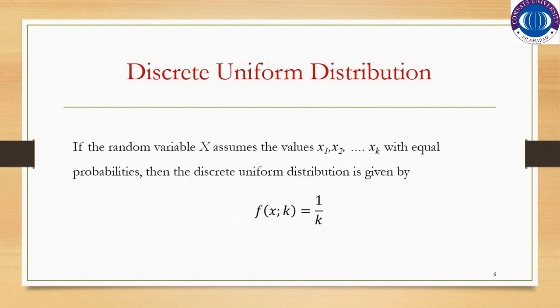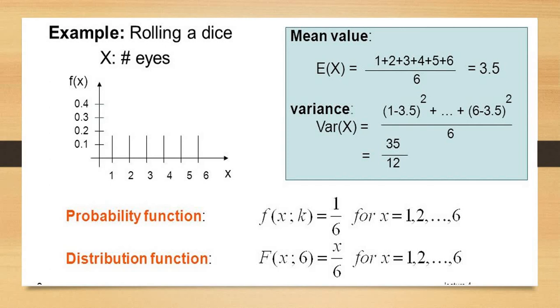As we are saying that there are 6 possible outcomes, k will be 6, so it will be 1 by 6 for x is equal to 1, 2, till 6. This is the probability function, and this is the distribution function or cumulative distribution function, which is x by 6 for x is equal to 1, 2, up to 6.